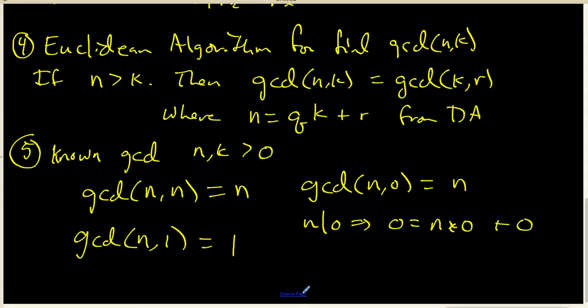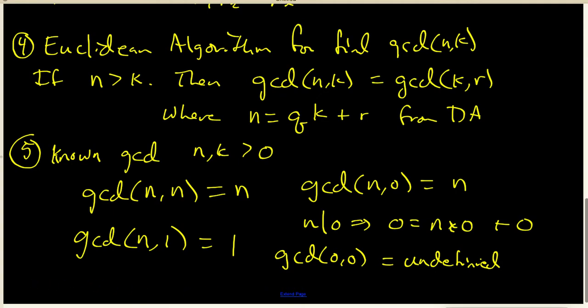And then there's one more thing that I want to talk about in terms of GCDs, and that's that the GCD of 0 and 0 is left undefined, because all integers will divide 0, and so there's not a greatest one.